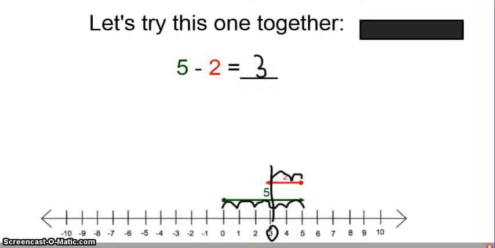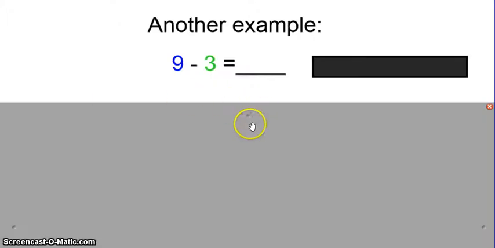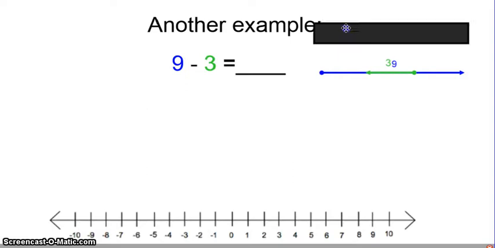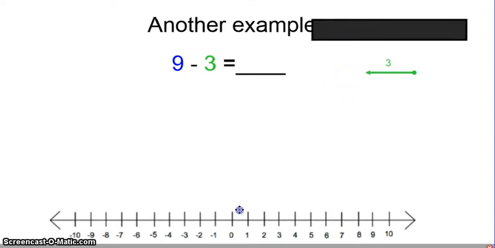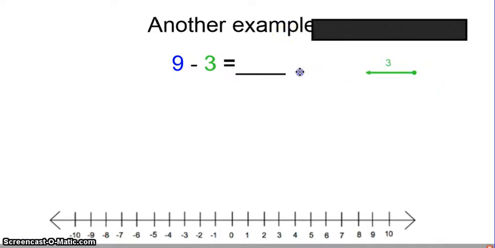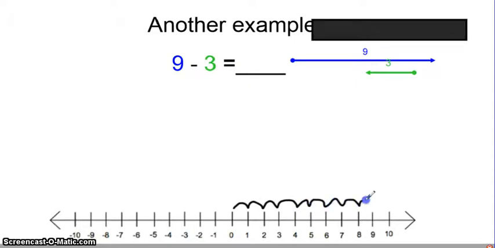And if we take a look at our next one, here's another example. If you'd like to write this one in your notes, you can. 9 minus 3. So here we have 9 units. Alright, we have 9 units, so we go 1, 2, 3, 4, 5, 6, 7, 8, 9.